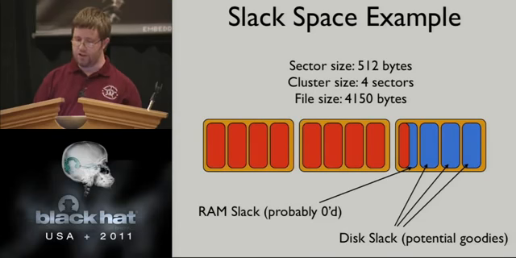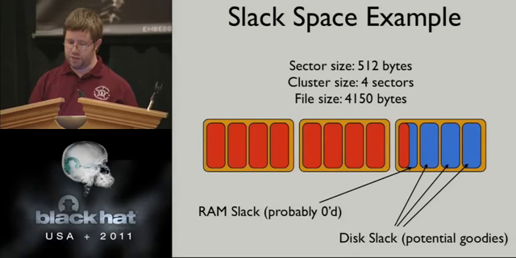On that last cluster, the remainder of the sector in which the file ends is what's historically called RAM slack. And it's called RAM slack because it used to be that data was written out to these disks in 512 byte chunks, and whatever buffer in memory we put that into would get written out to disk just like that, as it was in memory.